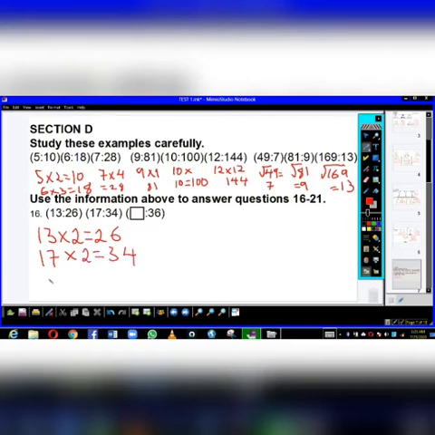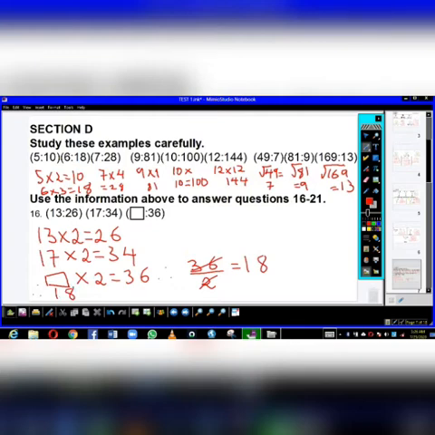Here what we have is box has been given, multiplied by 2 is equals to 36. So therefore we need to divide 36 by 2, and that will give us 18. So the value of the box is 18.